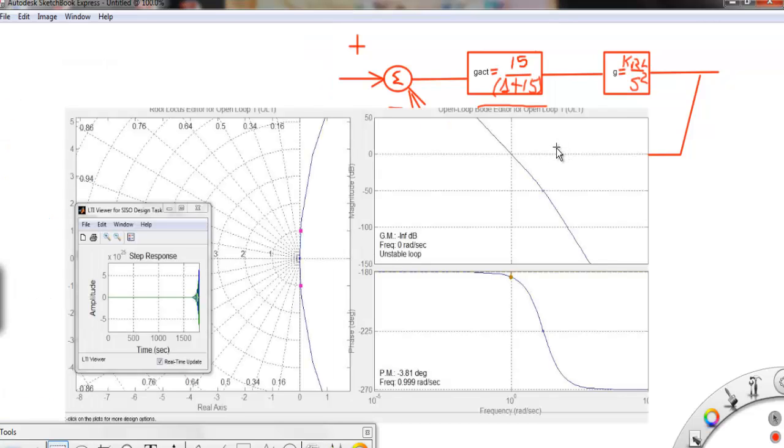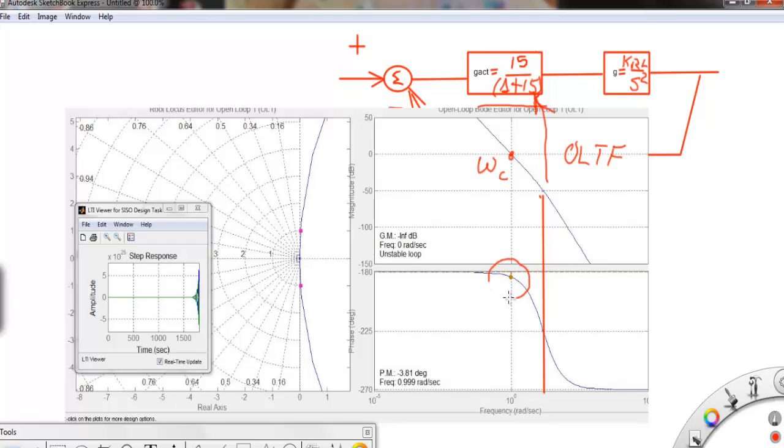Then on the left hand side, my OLTF, which is equal to 15 over S plus 15 times S squared, will have a break at 15. And you can see that right here, where I go from minus 40 dB per decade to minus 60 dB per decade, and that should occur right around 15.